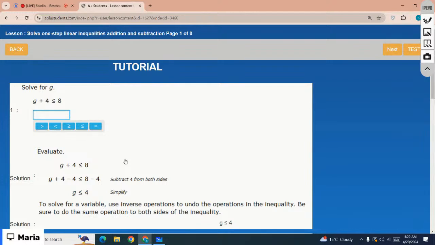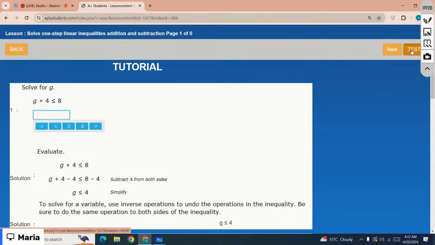You have to solve this inequality for g, right? You have to isolate the variable g, move 4 to the other side, so it would be subtracted: 8 minus 4. 8 minus 4 is 4. That is g is less than or equal to 4. So to solve for a variable, use inverse operations to undo the operations in the inequality. Be sure to do the same operations to both sides of the inequality, right?